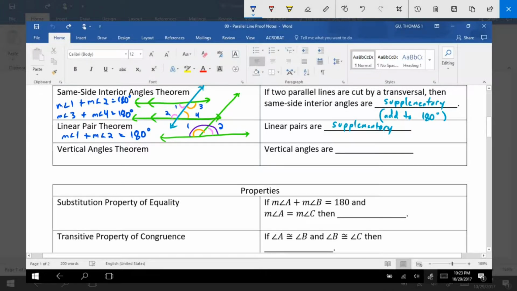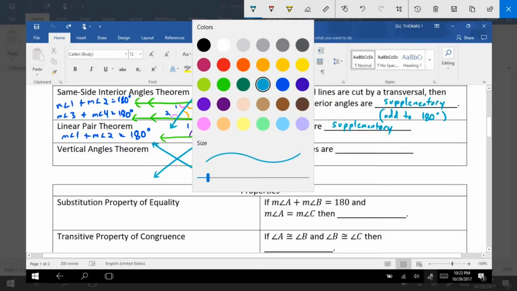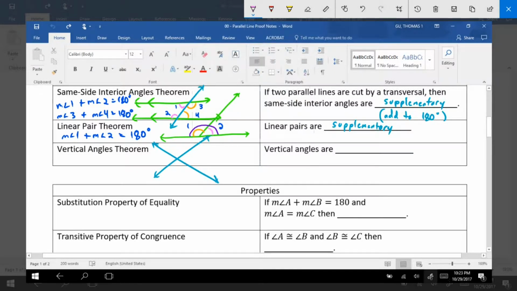All right, and on to the last one in this box. Vertical angles. Remember, vertical angles look like this. We've got two intersecting lines. Vertical angles are the ones that are directly across from each other. So for example, those two, and then those two.